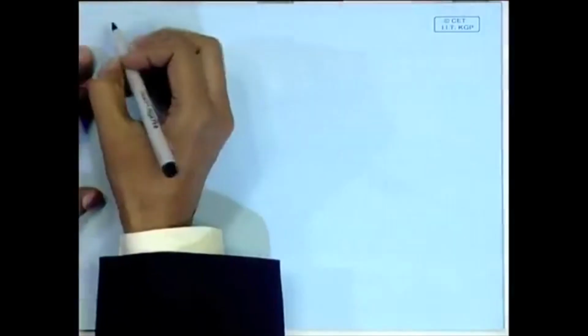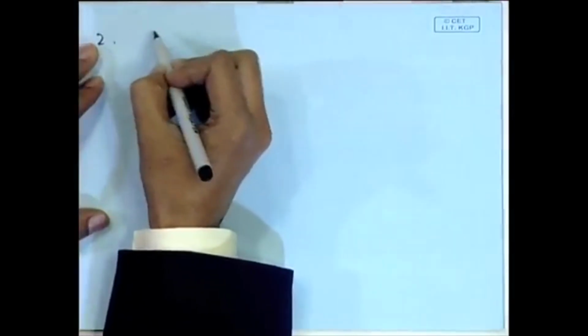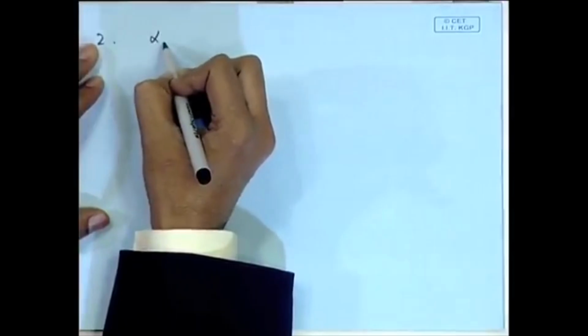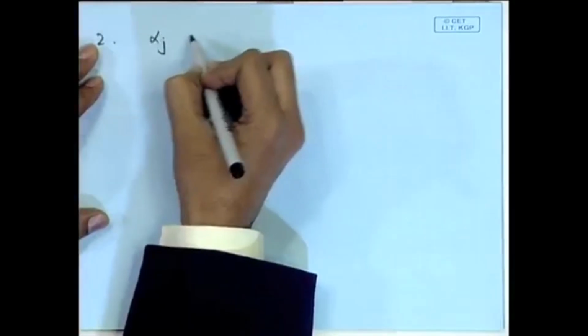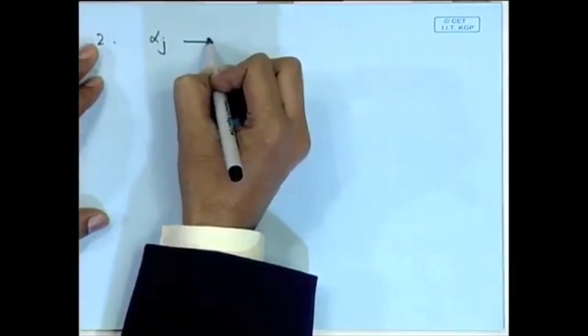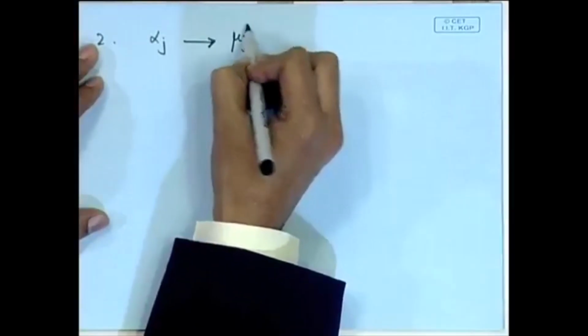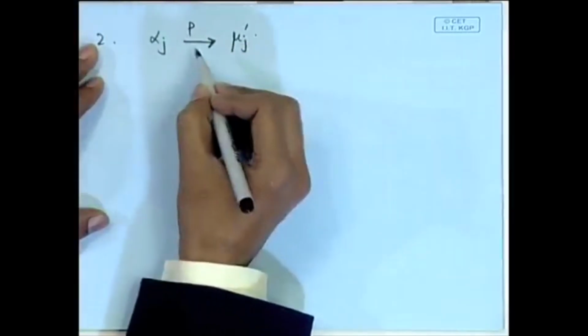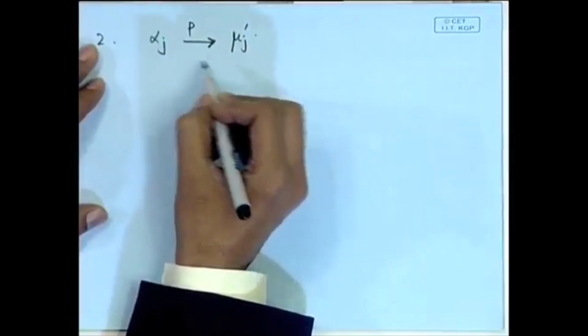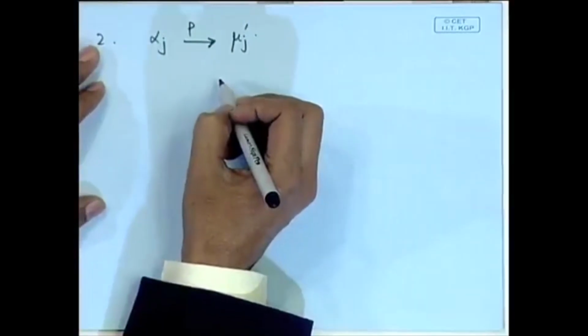In particular, we have alpha j, this is consistent for mu j prime. By the weak law of large numbers, this convergence is valid.